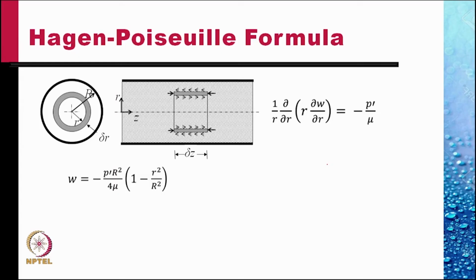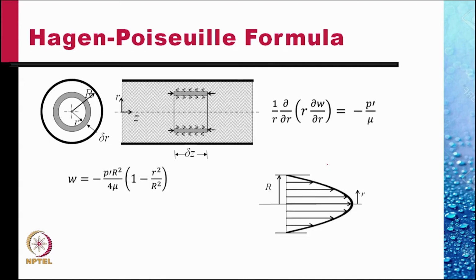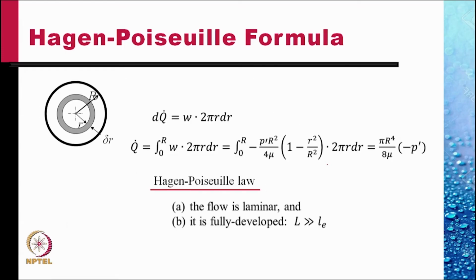Capital R is the radius of the tube. On integrating this velocity profile, we found out the flow, and then from the flow, we found out the average velocity, which was minus P prime R squared by 8 mu. The volume flow rate was determined as pi R raised to power 4 divided by 8 mu into minus P prime.